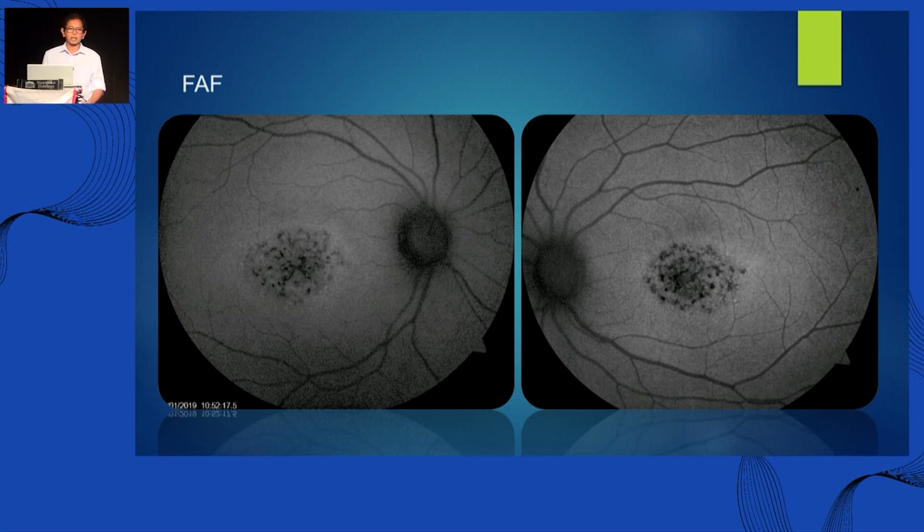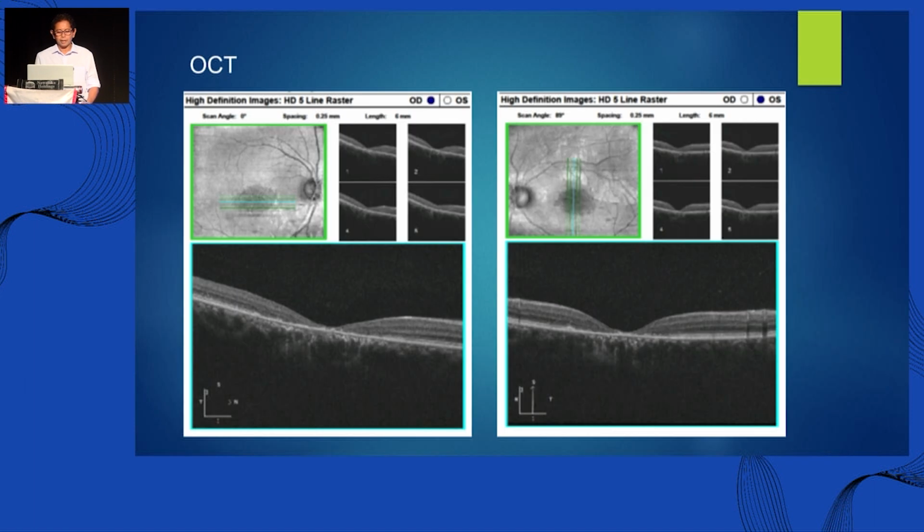So whenever you suspect a patient with Stargardt's disease, just do color pictures, and even if you don't see the picture very clearly, just get an autofluorescence done. This will easily demarcate the flecks. And this is the typical OCT picture, atrophic macula. In early stages it may not appear this obvious, but this is how Stargardt's disease will look.